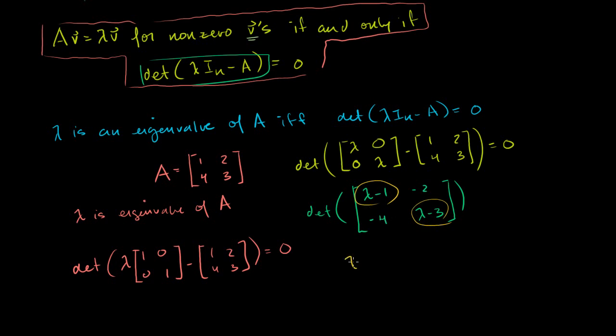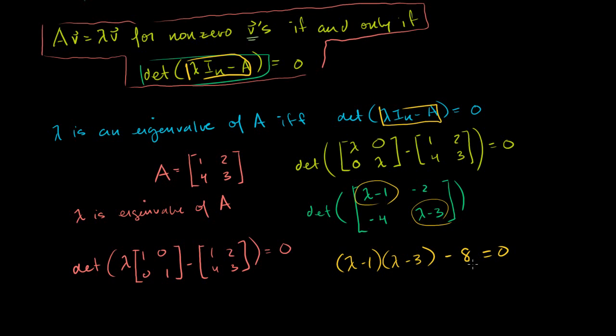So it's lambda minus 1 times lambda minus 3 minus these two guys multiplied by each other. So minus 2 times minus 4 is plus 8. Minus 8. This is the determinant of this matrix, which simplified to that matrix. And this has got to be equal to 0.